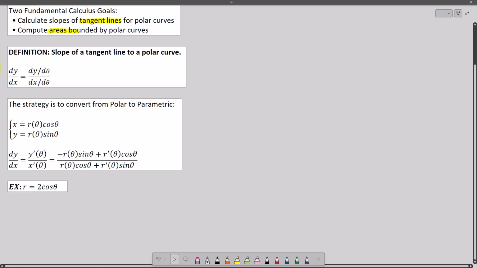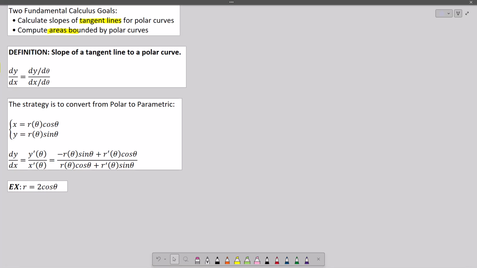So we know our 4 equations that take us back and forth. The 2 primary ones were x equals r cosine theta, and the second one was y equals r sine theta. We are going to use those 2 equations to take our polar curve and write it parametrically.